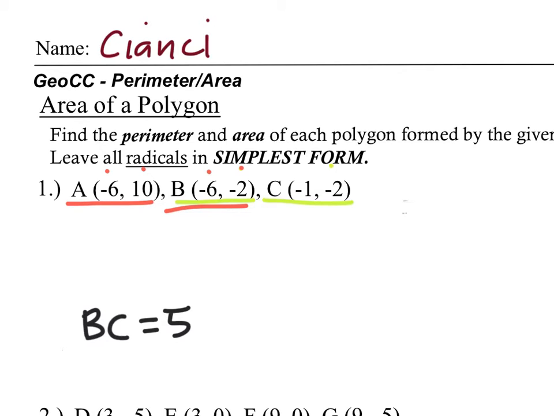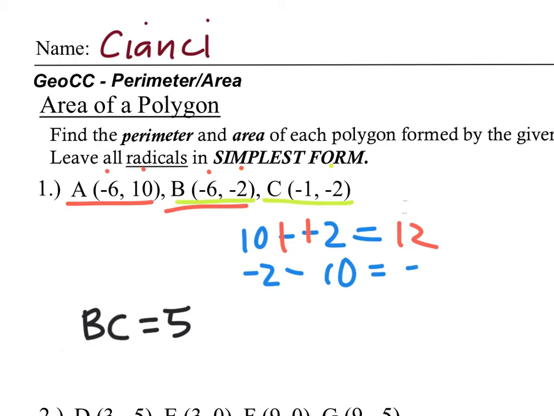So now, if we have positive 10 minus -2, these two would turn into positives again, and you'd be left with 12. Or going the other way, you could do -2 minus 10, and that comes out to be -12.